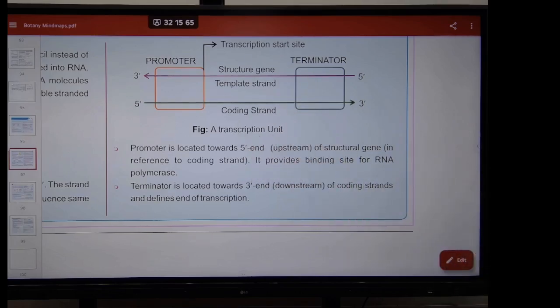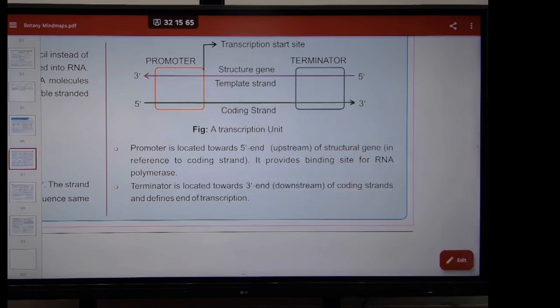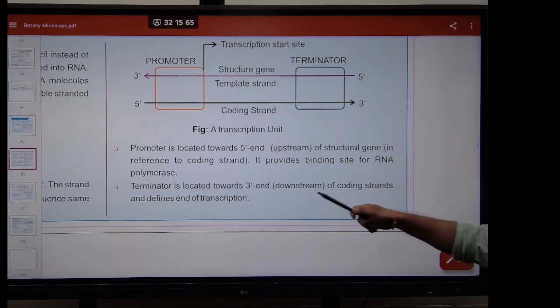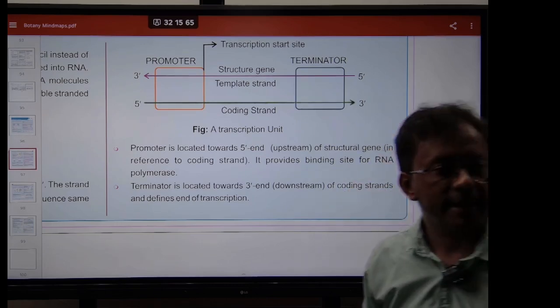Next, it provides a binding site for the RNA polymerase. The polymerase has to bind to a particular sequence in the DNA, which is called a promoter. And the terminator is located towards the 3' end, downstream of the coding strand, which defines the end of transcription.